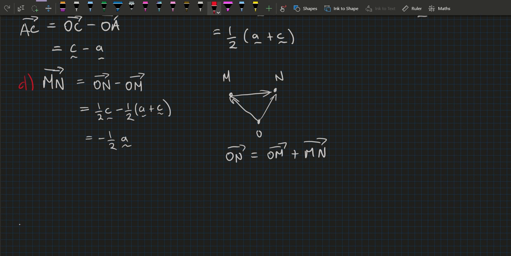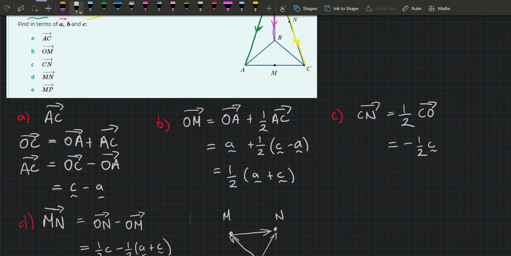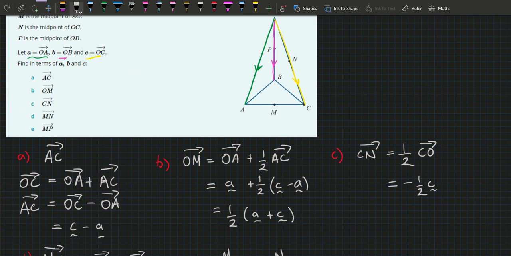M to P equals the origin to P minus the origin to M. Okay, so we've already worked out the origin to M, and the origin to P is half of b.